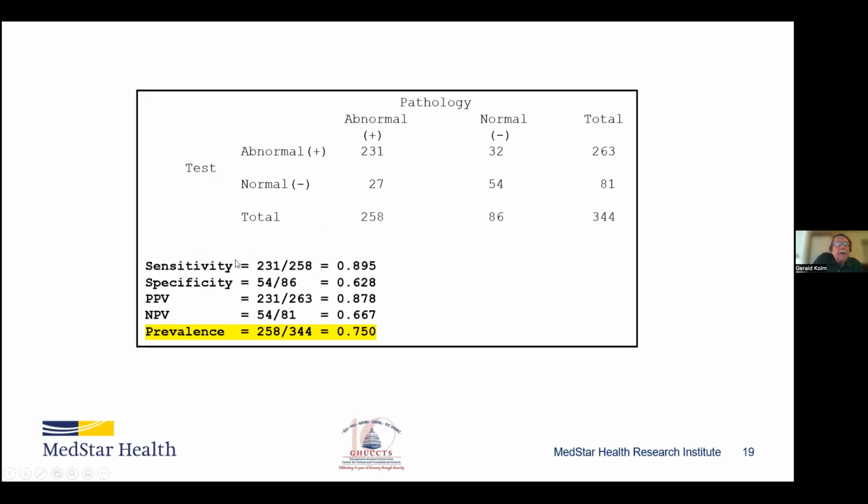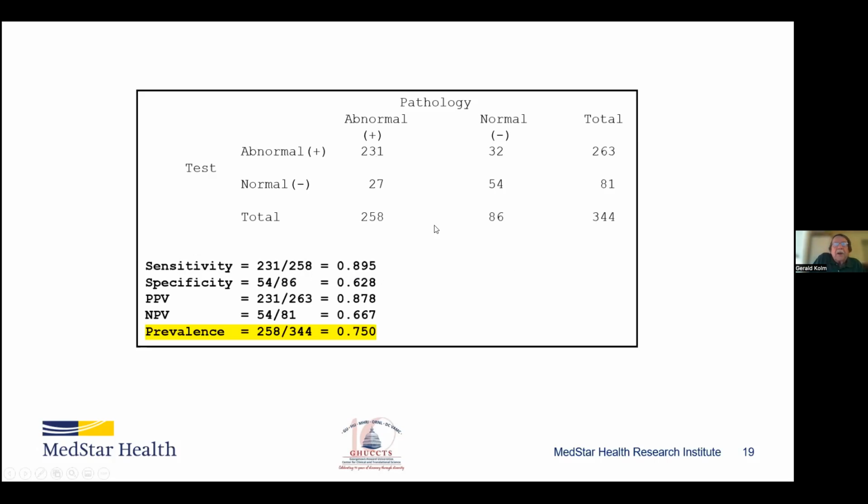Sensitivity, you remember, was the number of people testing positive that actually have the disease, divided by the number that have the disease, which is the 231 plus the 27 that actually have the disease, or 258. So our sensitivity in this case is close to 0.9.